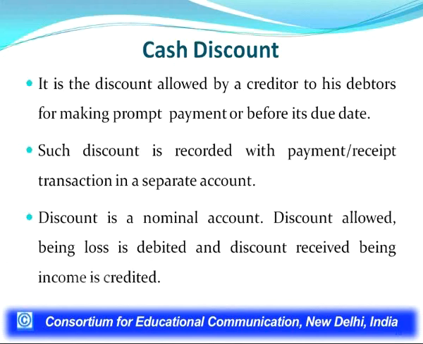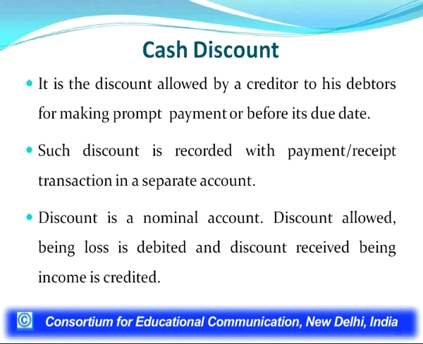Some businesses may have one week payment, some may have 15 days, 30 days, 60 days, like this. Suppose a seller comes to a provision store weekly, so he may allow weekly credit. Whatever goods he sells in the current week, he will ask for the payment in the next week. So, these are the payment terms.